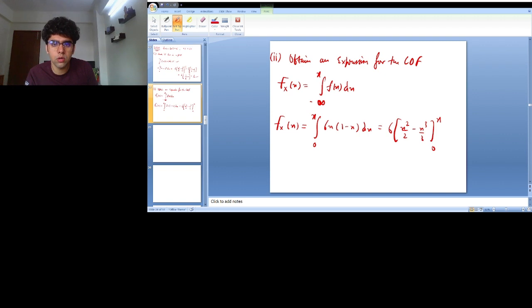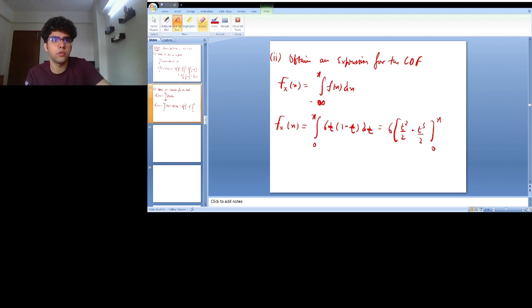Or I can just take this as 6t into (1 minus t), so that we don't get confused, and this will become dt. So my PDF is now 6t into (1 minus t) dt, and the result after integration becomes t square by 2 minus t cube by 3.